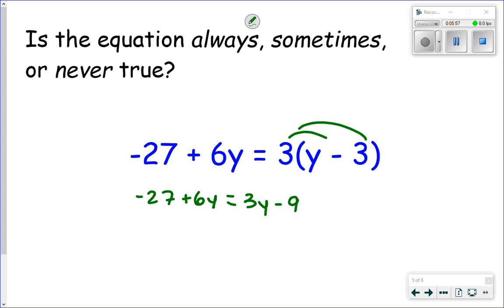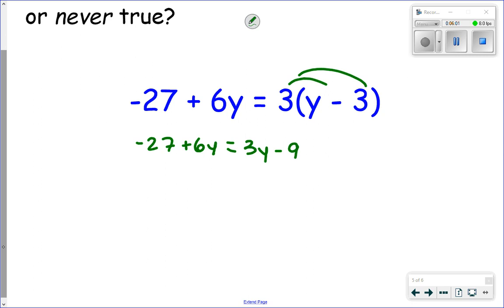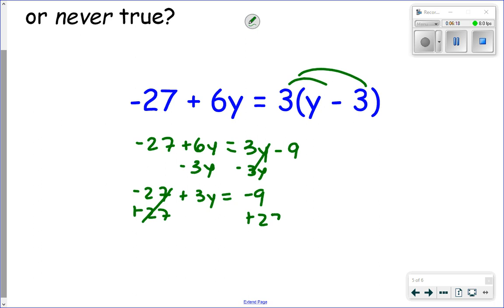Again, no like terms, so I need to move from side to side of the equal sign. So I'm going to put my variables together first. Subtract 3y from both sides. 6y minus 3y is 3y. And then I'm just left with negative 9 on the right. Now I'm going to add 27 to both sides because I'm trying to get the y by itself. So 3y equals 18.